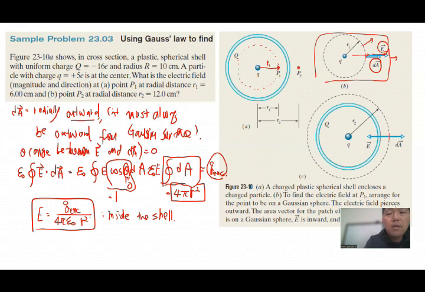Now let's look at the electric field outside the shell. If you stay outside the shell, because the shell is negatively charged, the electric field should be inward.